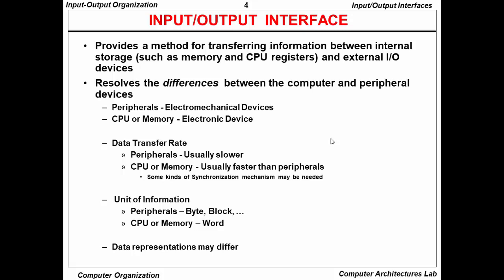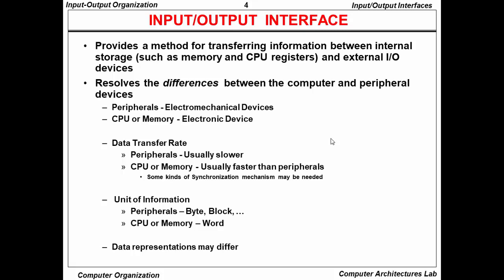The processing speed of the processor or CPU is the highest among all these devices. If we have different small peripheral devices, there are some limitations in terms of processing speed and other things. So we need to take care of this and provide some interface.